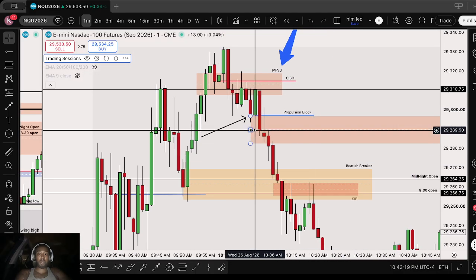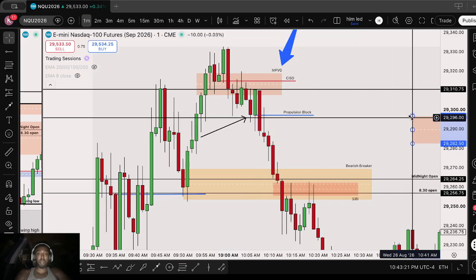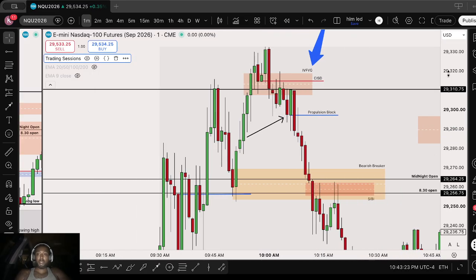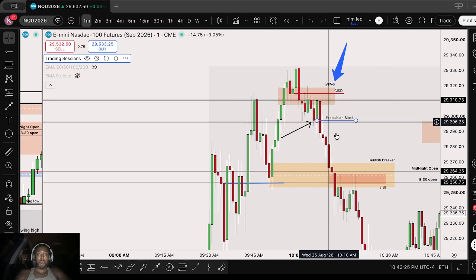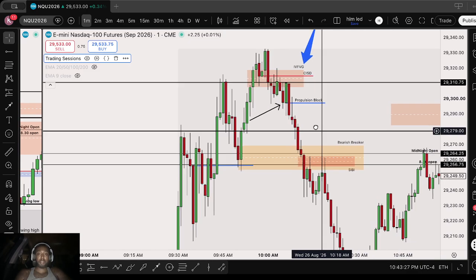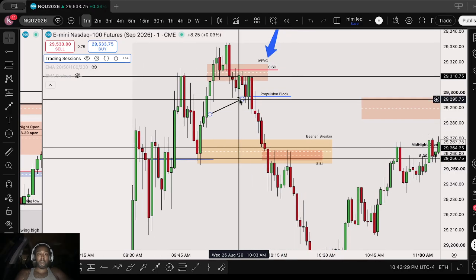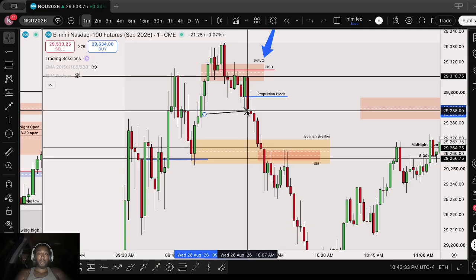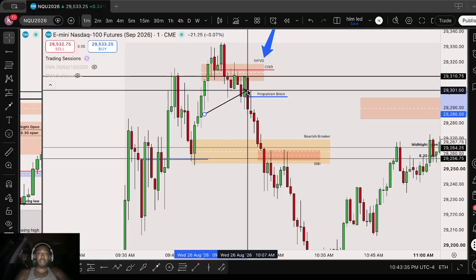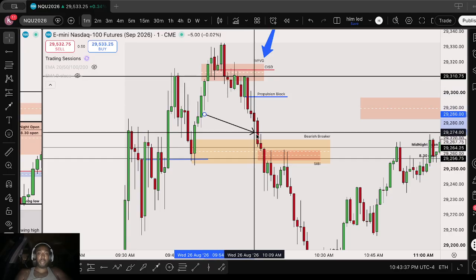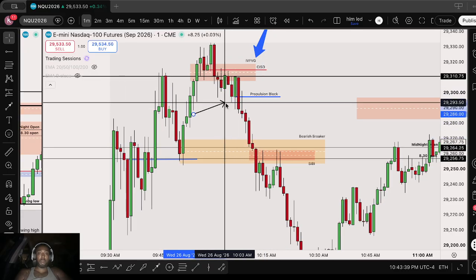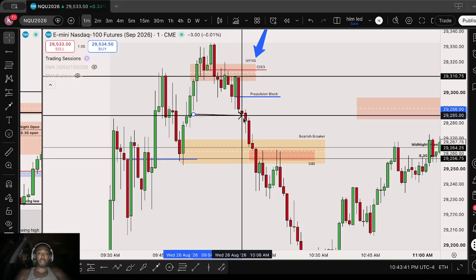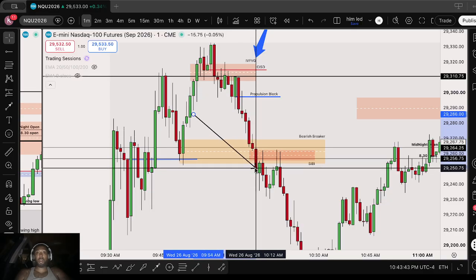Let's not focus on this zone because it's a 15-minute zone that got used a little bit later. And look how we actually displace lower. Look how we close here: the power of 3, open, manipulate, displace. So we respect the order block, propulsion, displace faster, closing below.